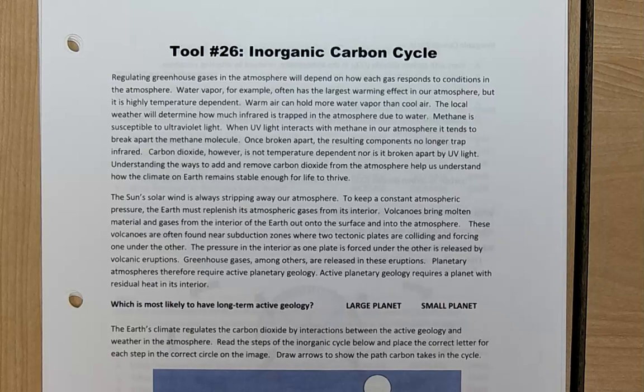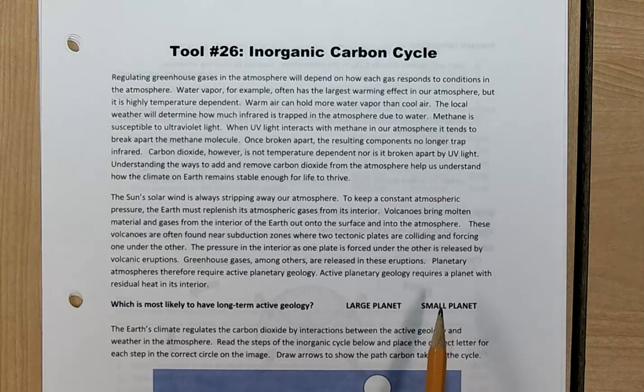So, which kind of planet is more likely to have long-term active geology? Well, a large planet, like I said in the video lecture, takes more time to cool off. So the planet is going to stay hot and geologically active for a longer period of time until it eventually cools off. A small planet can be geologically active.